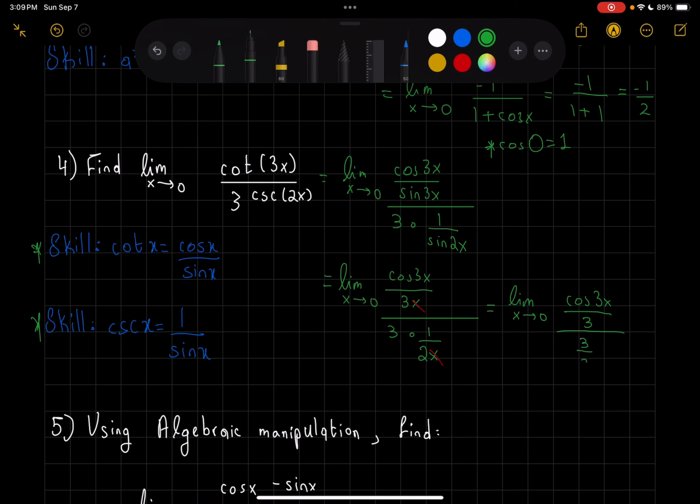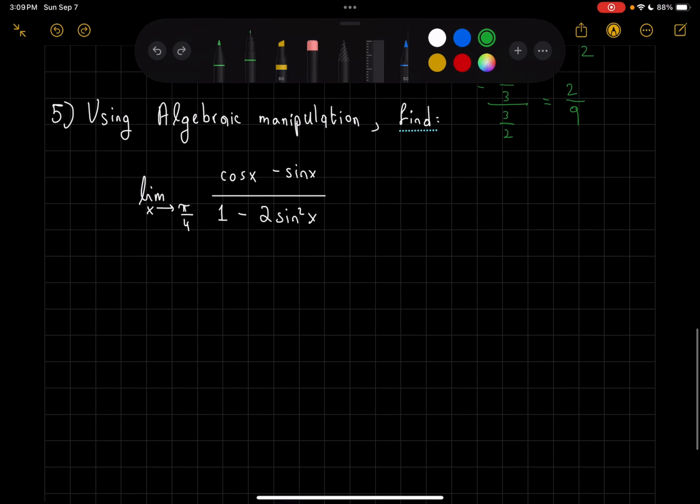So 3 over 2. Replace x with 0. So cosine 0 on the top is going to be just 1. So 1 over 3 divided by 3 over 2. So if you do this on a calculator, you will get 2 over 9. Okay? Last question over here.